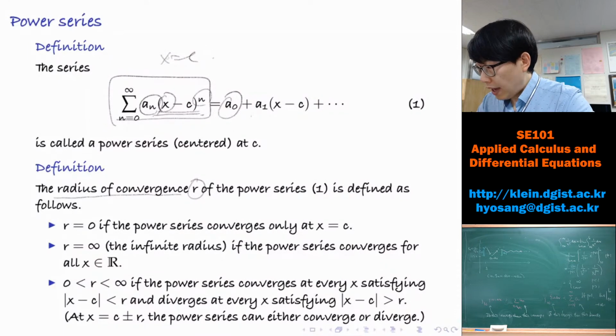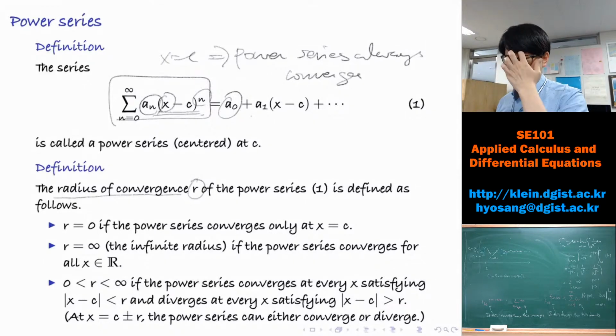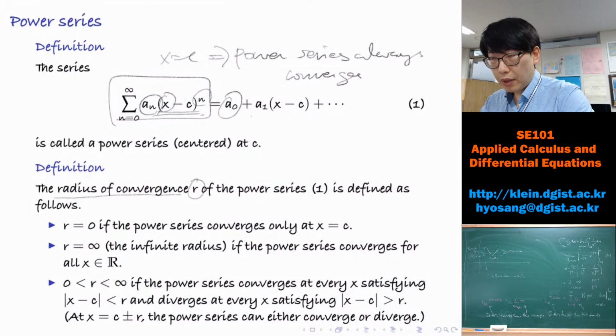So if x equals c, the power series always converges. So I want to find out how far I can move my x from the center c so that the power series still converges. So that's the radius.